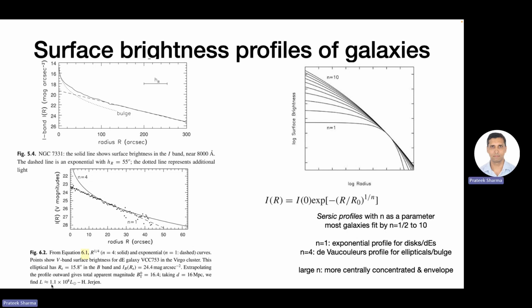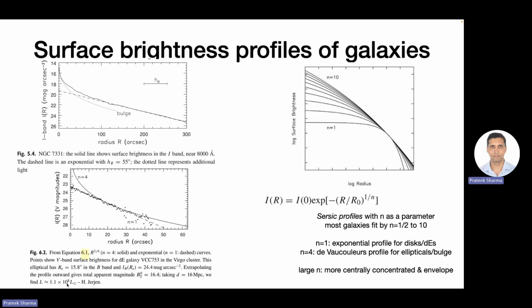And the luminosity is about 10 to the 8 solar luminosities. Our Milky Way's luminosity is about 2 times 10 to the 10 solar luminosities. The brightest cD galaxies can be 100 times brighter than the Milky Way. So the range in galaxy luminosity is large, but not very large.